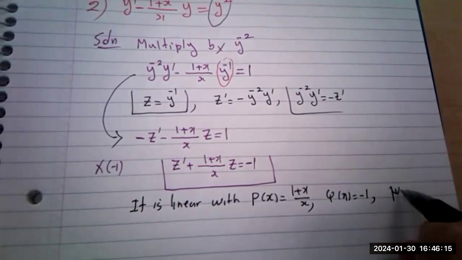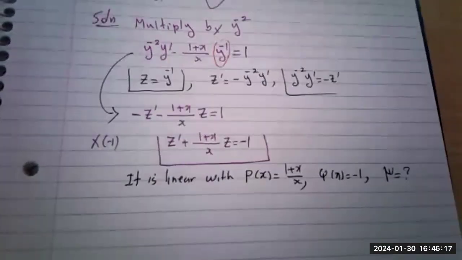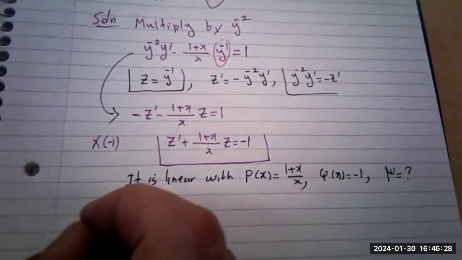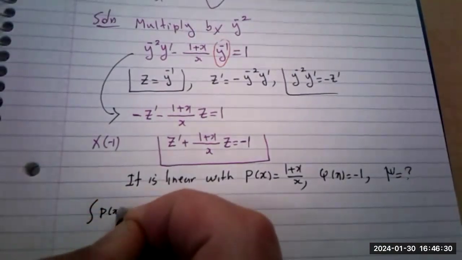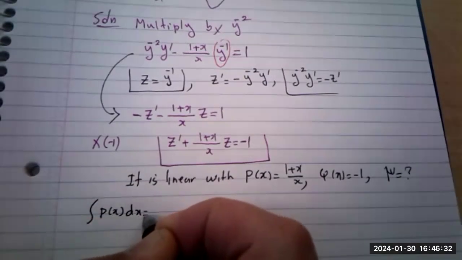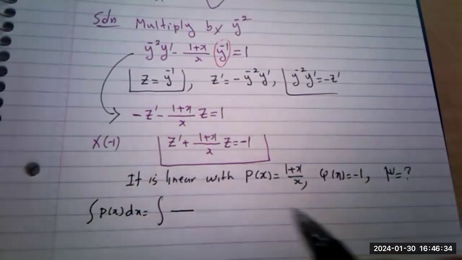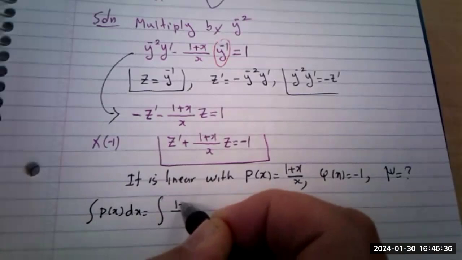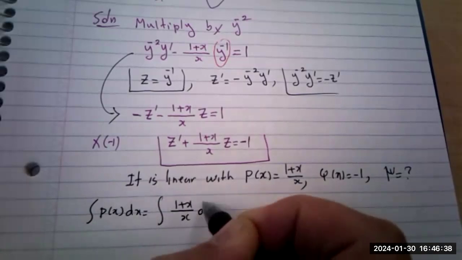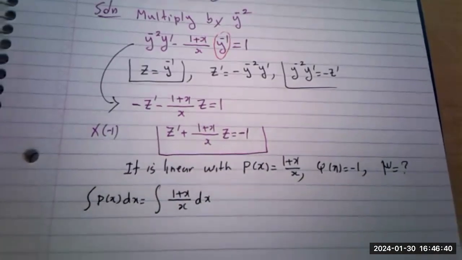So you have to find the integrating factor, mu. Now you have to find the integral of p of x dx, which is going to be the integral of (1 plus x) over x dx. How are we going to find this integral? Any suggestion? See it?